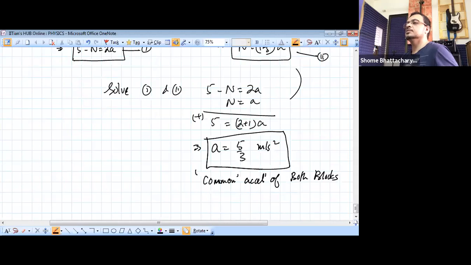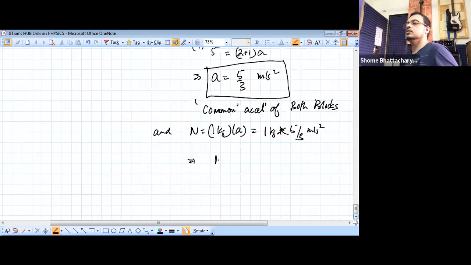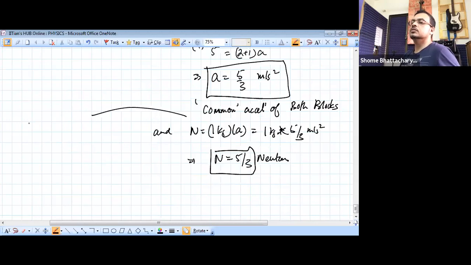And substitute this back in equation 2. So N will become 1 kg multiplied by the acceleration, that is 1 kg into 5 by 3 meters per second squared. So N is equal to 5 by 3 newtons. Or you can substitute in the first equation, where F minus N was m1 a.